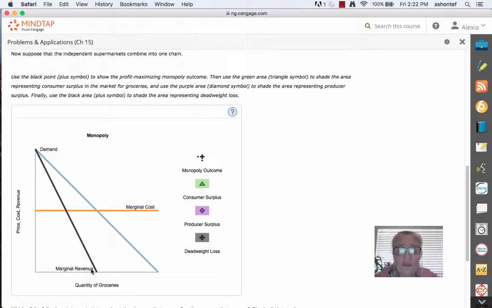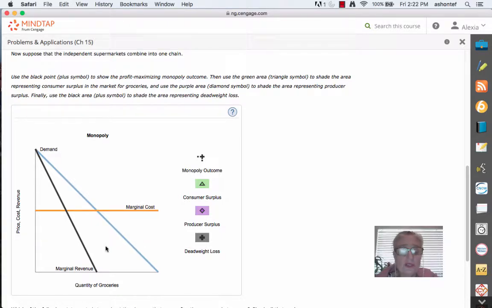Now what we have is a downward sloping demand curve, and a marginal revenue curve which isn't going to be the same as the demand curve as in the above picture, because monopolies, in order to sell more, have to keep dropping the price on all units. They're non-discriminating, so the extra revenue from more units sold continues to drop. So these two lines are different.